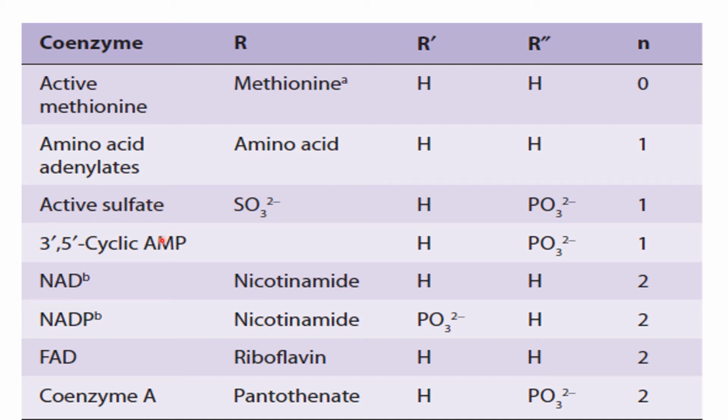Similarly, active sulfate, 3',5' cyclic AMP, NAD, NADP, and FAD are all different coenzymes. The basic structure is the same, but there is a difference at these positions, and so they perform their functions.